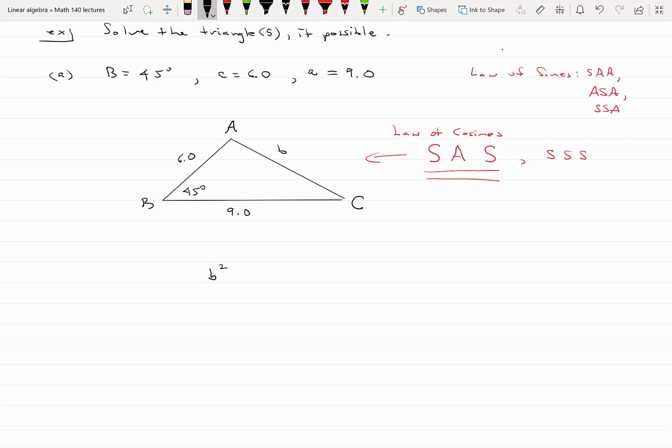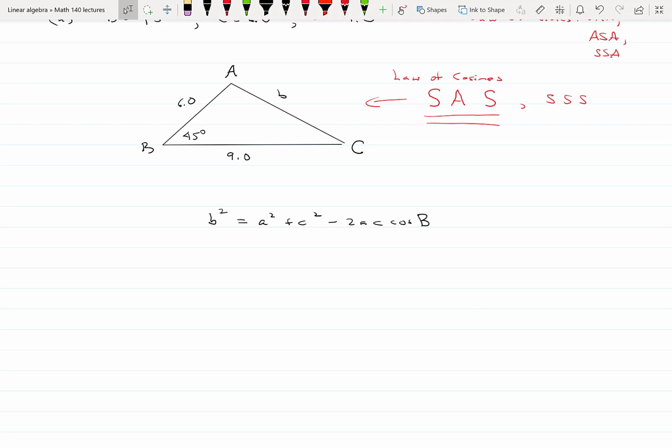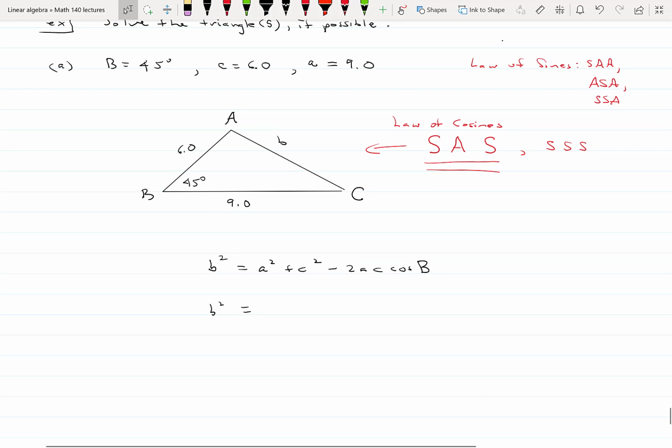Angle B. So b squared equals a squared plus c squared minus 2 times a times c times the cosine of the angle opposite small b, which would be capital B. Okay, so let's do this. b squared equals 9 squared, I'll leave the point O's off, plus 6 squared, minus 2 times 9 times 6 times the cosine of the angle B.